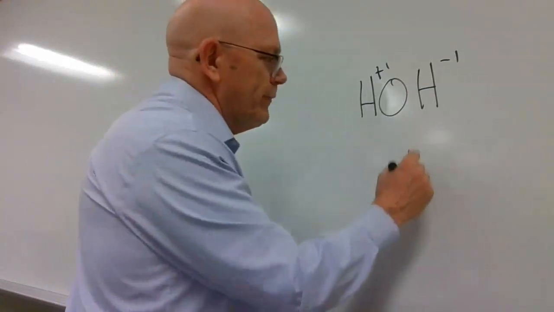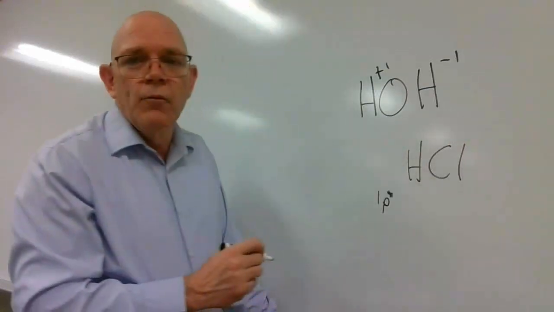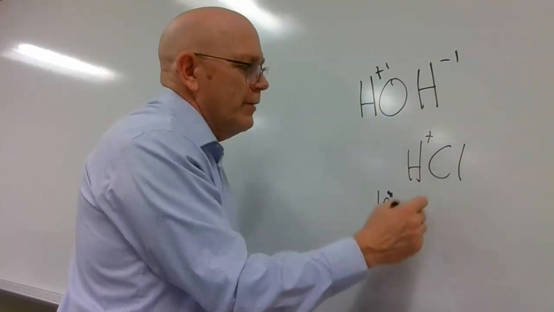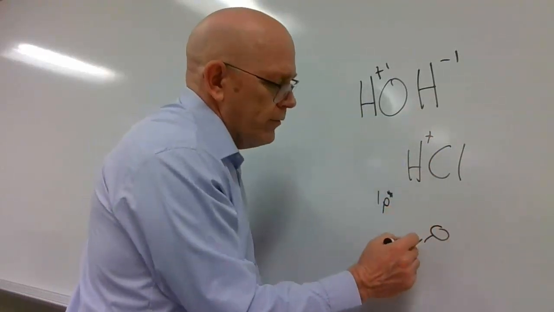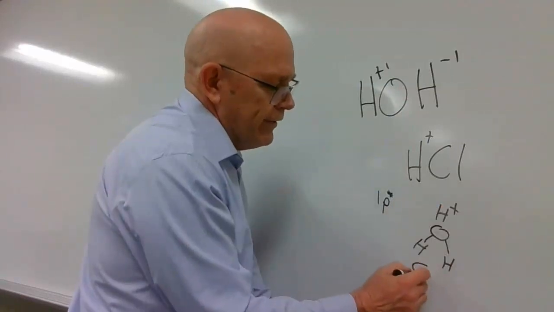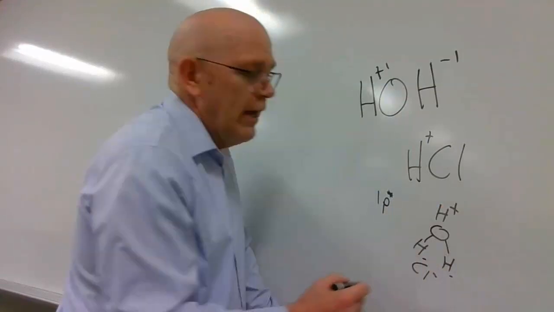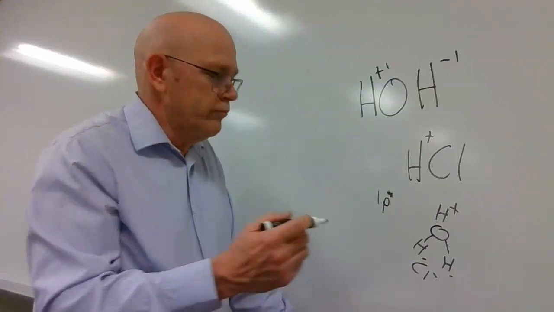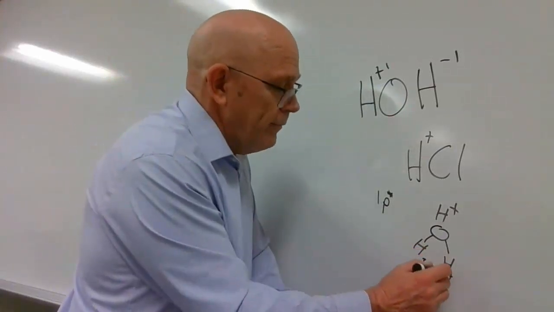All right, so if you see something written like HCl, when you put that in water, a hydrogen comes off. Say here's water with its OHs. The hydrogen gets attracted over here, and the Cl gets attracted over here to the positive charges.